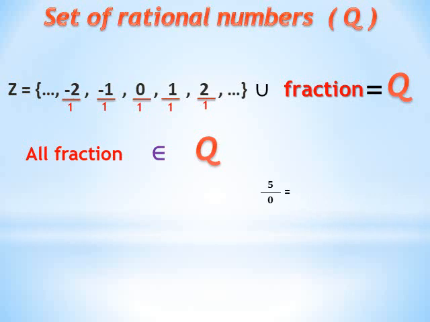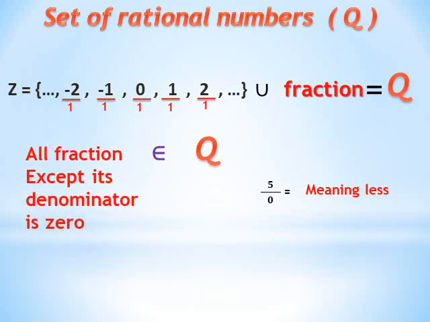Not all fraction belong to Q. لان انا عندي fraction لو حطيت في الداون بتاعه 0 زي ما حطينا قبل كده هيديني meaningless. يبقى مستر all fraction belong to Q الكلام ده هيبقى صح؟ اقول له لا it's not correct. Not all fraction. لكن هقول لك النهارده all fraction except its denominator 0. يعني fraction كلها ما عدا fractions اللي الدينومينيتور بتاعها 0 كلها belong to Q.